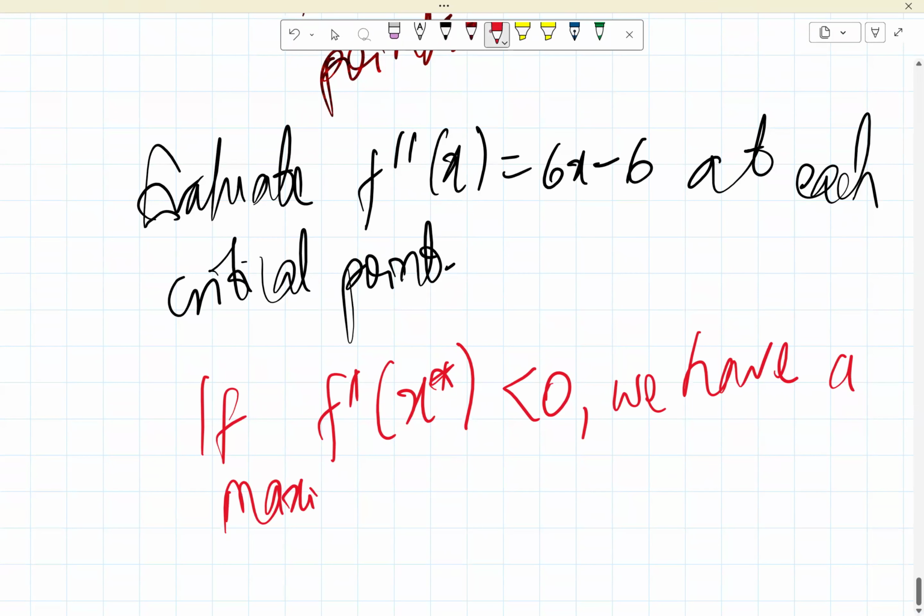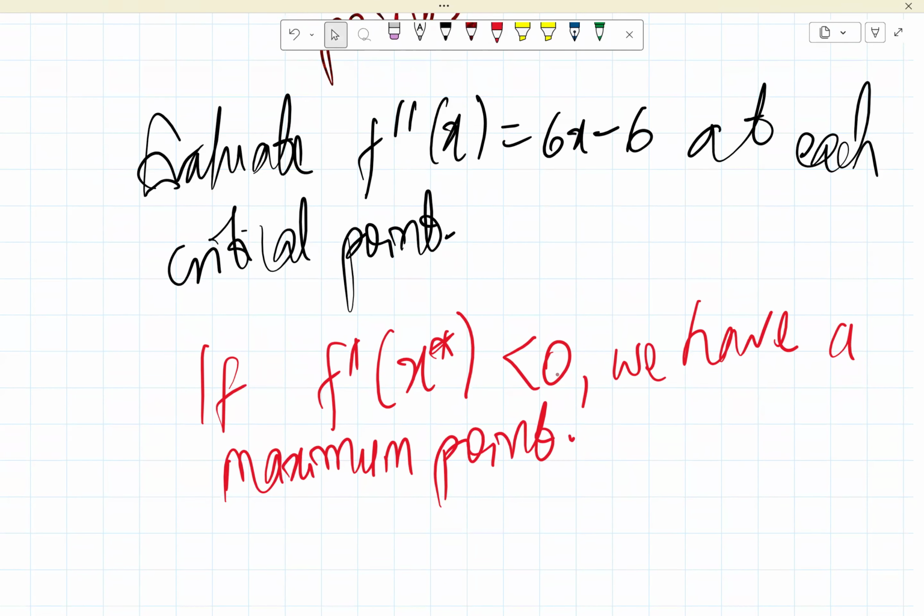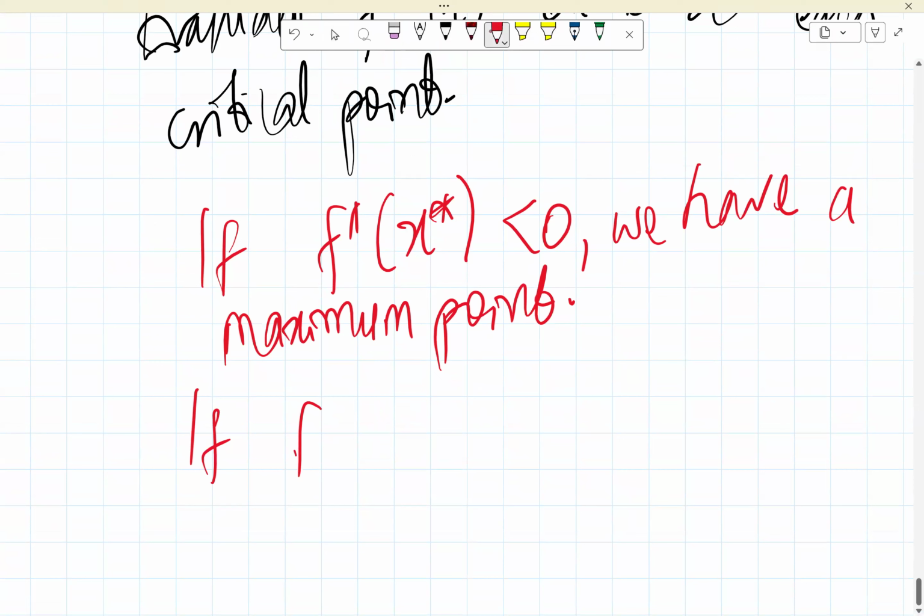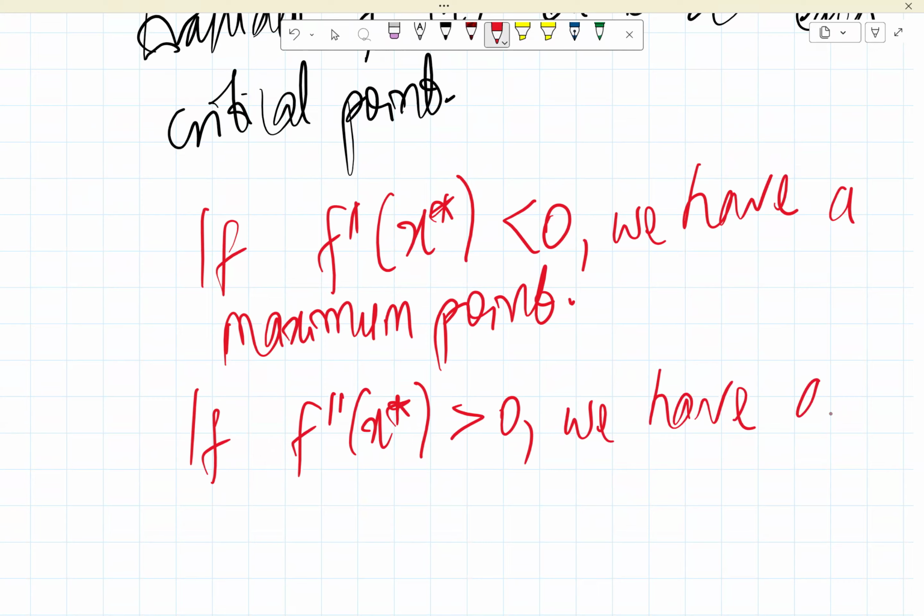If f prime prime of x star is greater than 0, we have a minimum point.